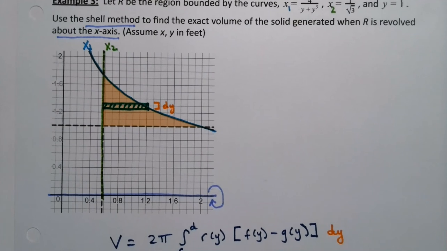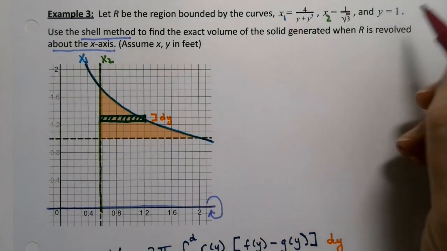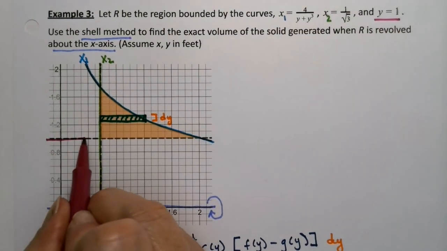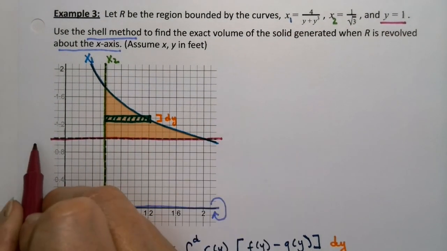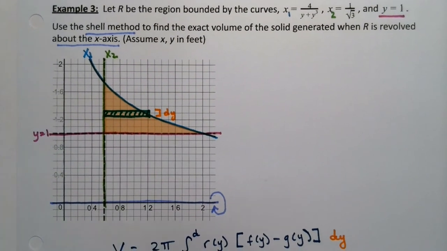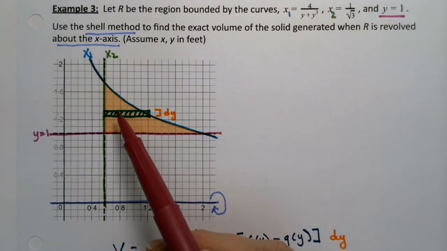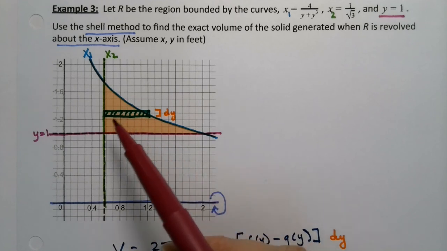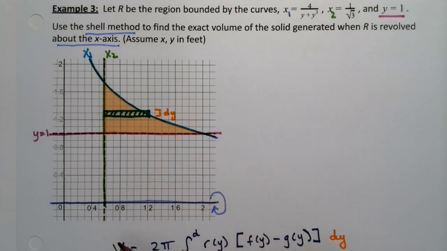And then y equals 1, which is right down here. All right, so I want to find the volume of the solid found by rotating that region around that x-axis.